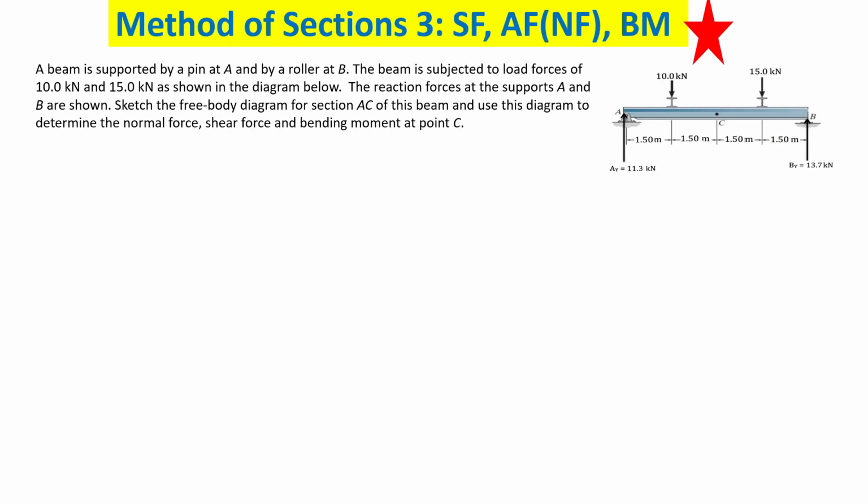Going to do the bending moment, shear force and axial force diagram for this particular beam. And again, if the support reactions are not given, here the AY and BY are given to you, but if it is not given, you have to consider the equilibrium of the whole beam, and you have to find it. You already know how to find the AY and BY, right?